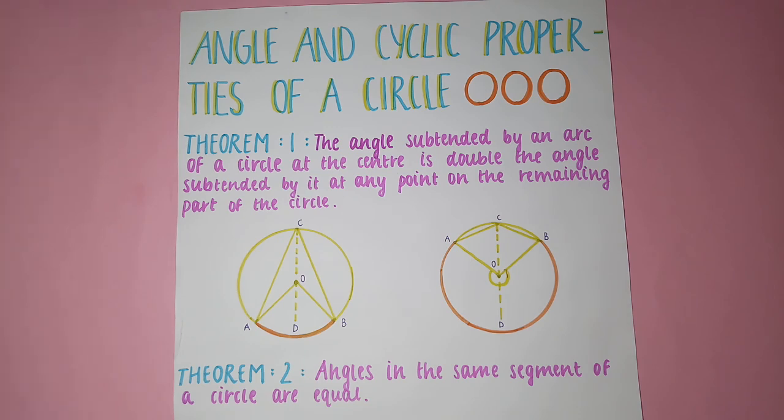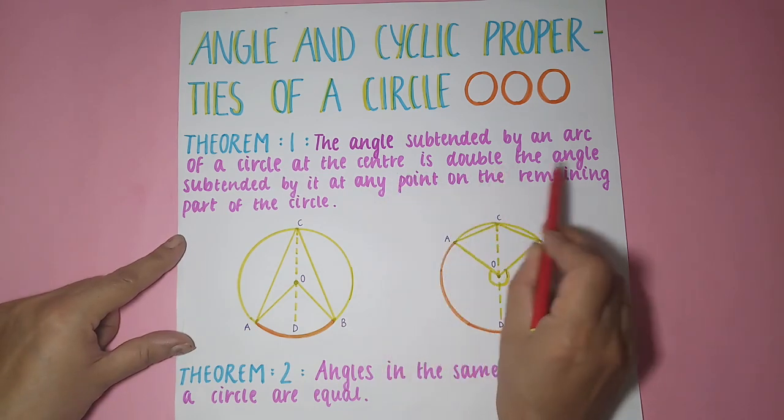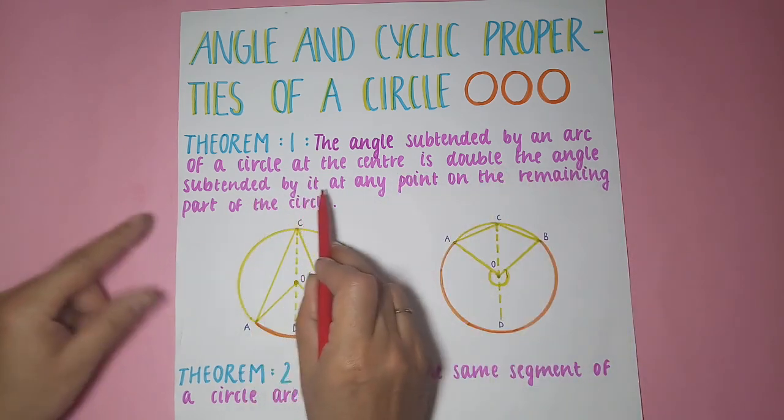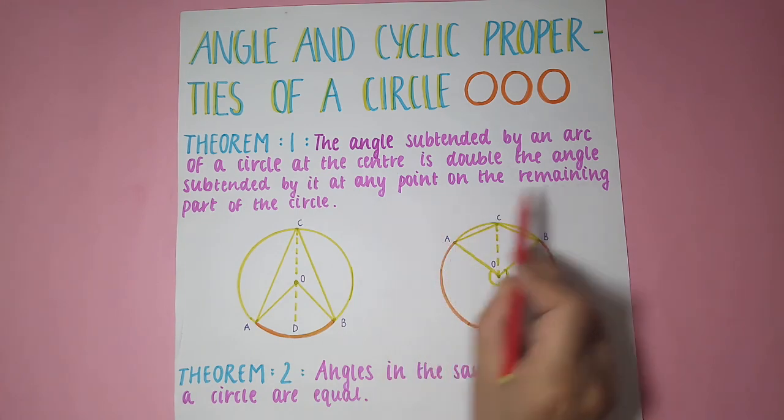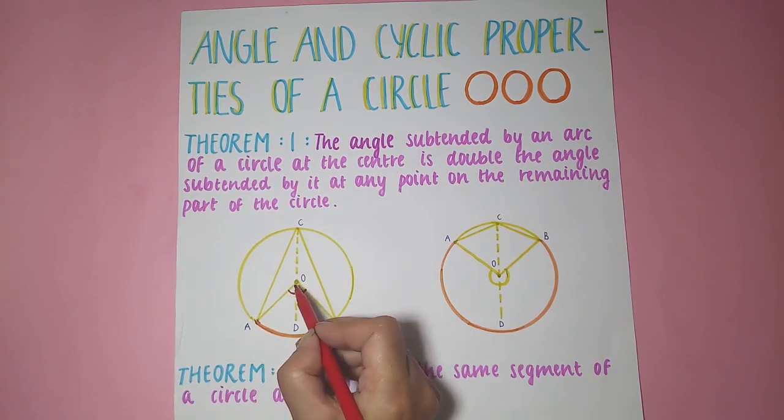Now, Theorem 1 says that the angle subtended by an arc of a circle at the center is double the angle subtended by it at any point on the remaining part of the circle. So let's have a look at this arc. Arc AB subtends, means makes, angle AOB at the center.